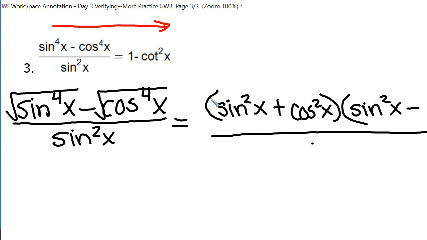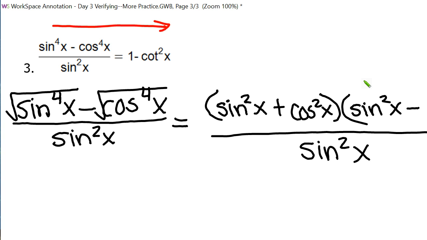The denominator stays the same right now, which is sine squared of x. What's next? Yeah, this is another difference of squares, and we could factor it again, but before that, can you cancel out?